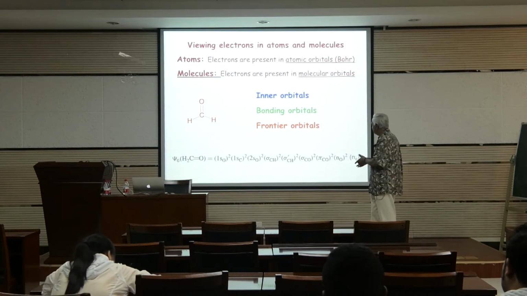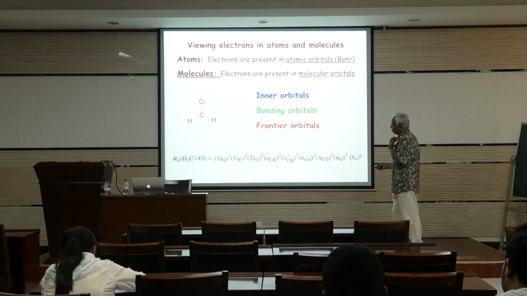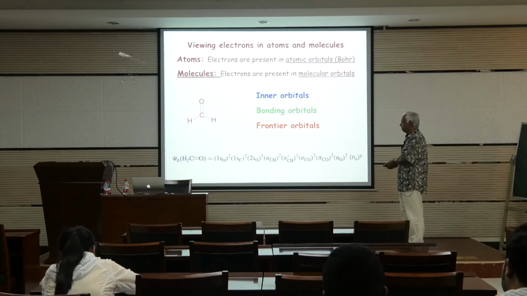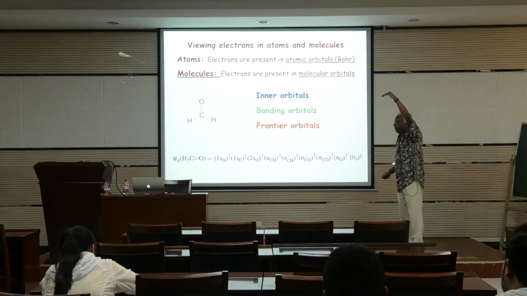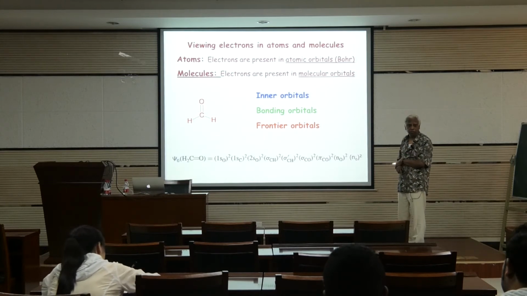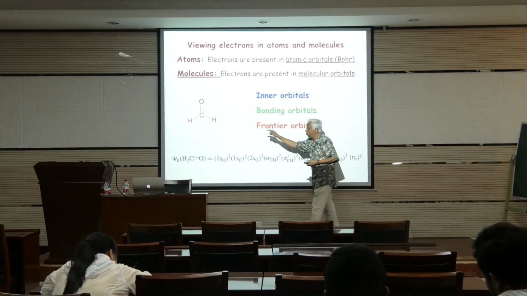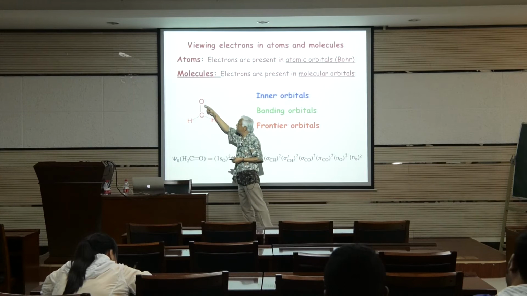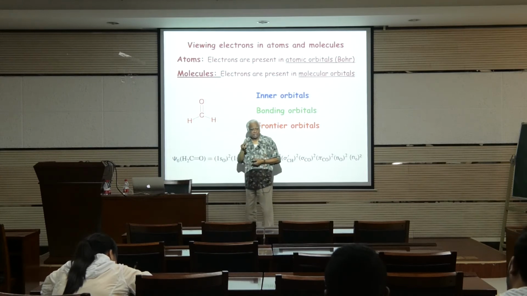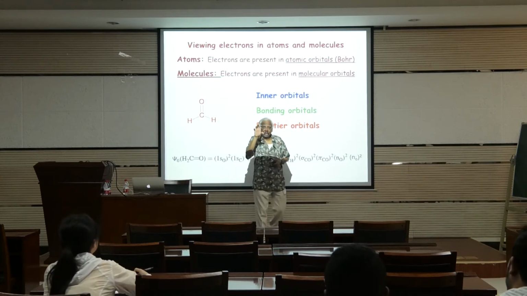So if you take this molecule here, all these atomic orbitals deep inside are not important. Some of these orbitals here are far away from the nuclei. Those are the ones that will get disturbed when the light hits this molecule. The electrons closer to the carbon, oxygen, or hydrogen, deeper inside, will not be affected.